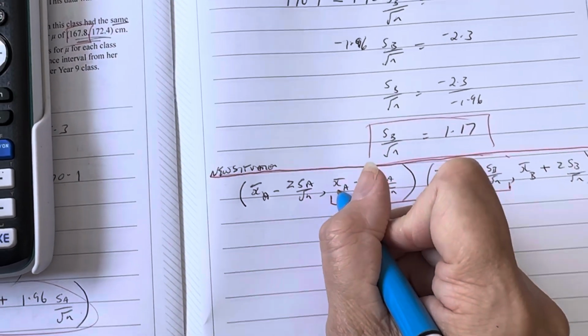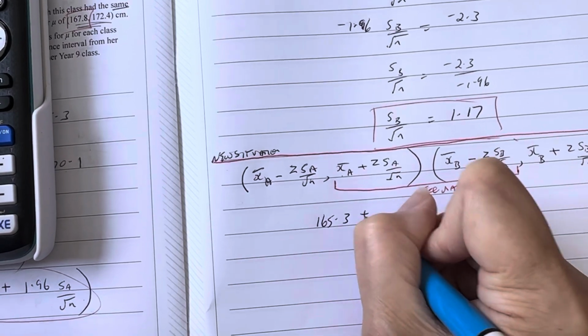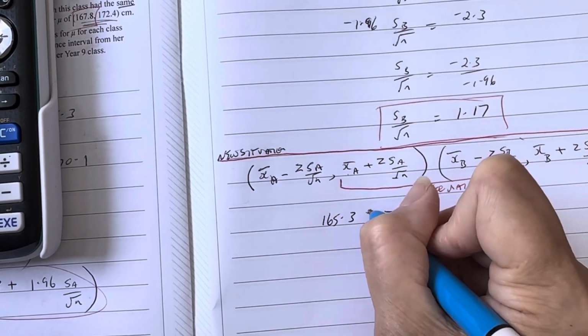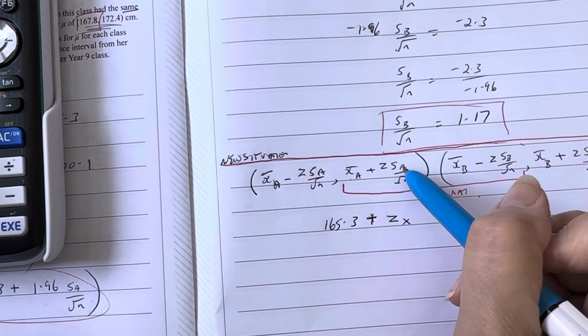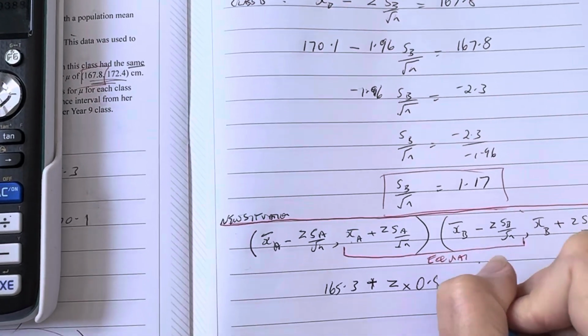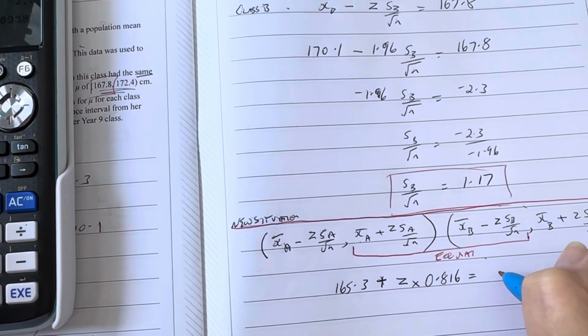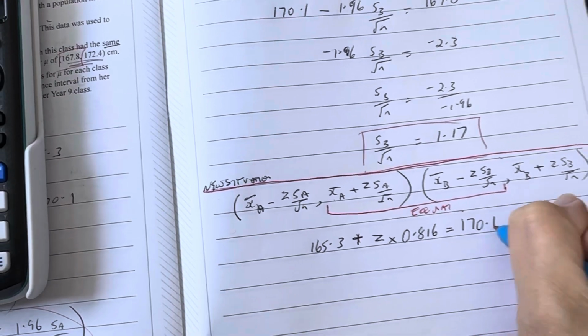So now what is Z bar A? So that's 165.3 plus Z times SA over square root of n. Remember, I worked it out here. 0.816 equals XB 170.1.